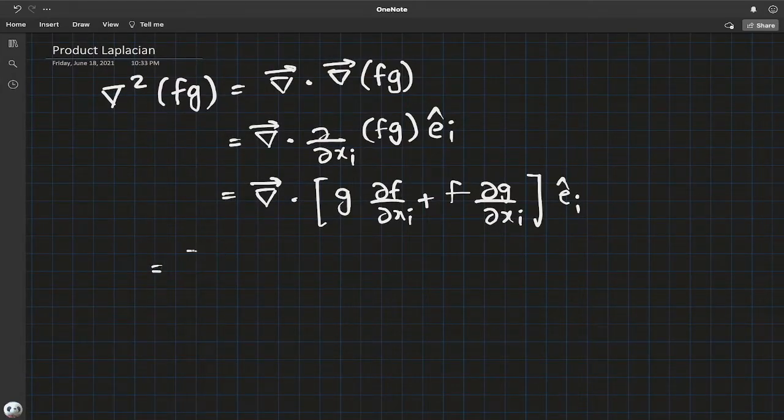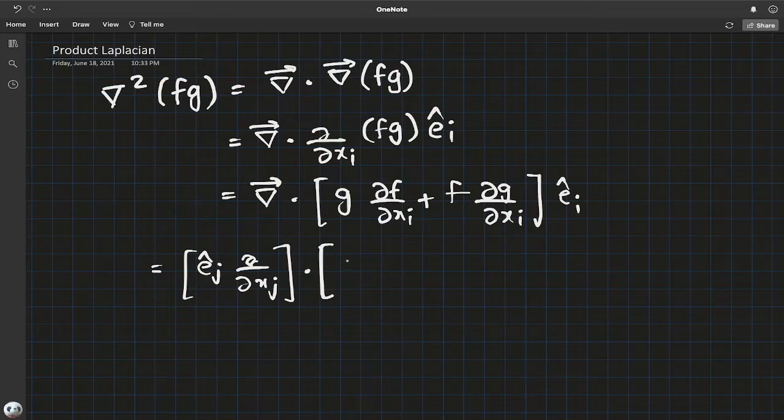And then this del is nothing but e sub j hat partial with respect to x sub j dotted with, well, g. I'm just copying this guy.